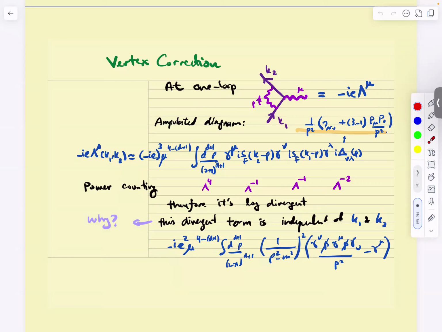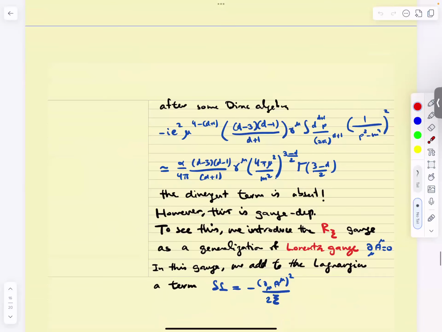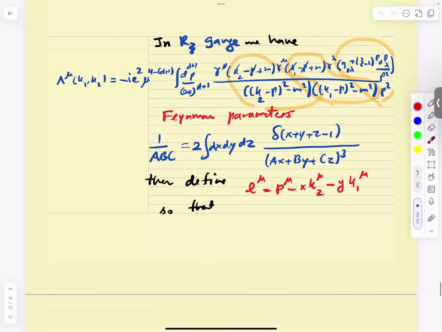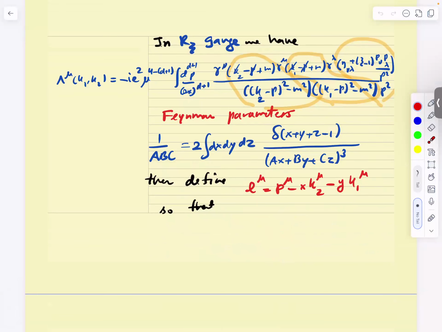All right, how much do I want to say about this? If I want to say one thing about this diagram, what would it be? Well, first you have to do the Feynman parameterization on 1 over ABC.